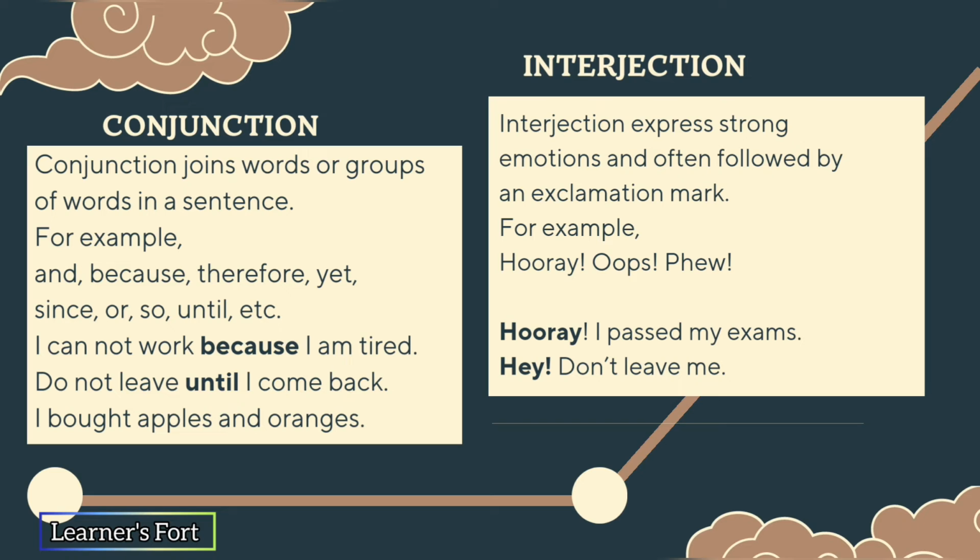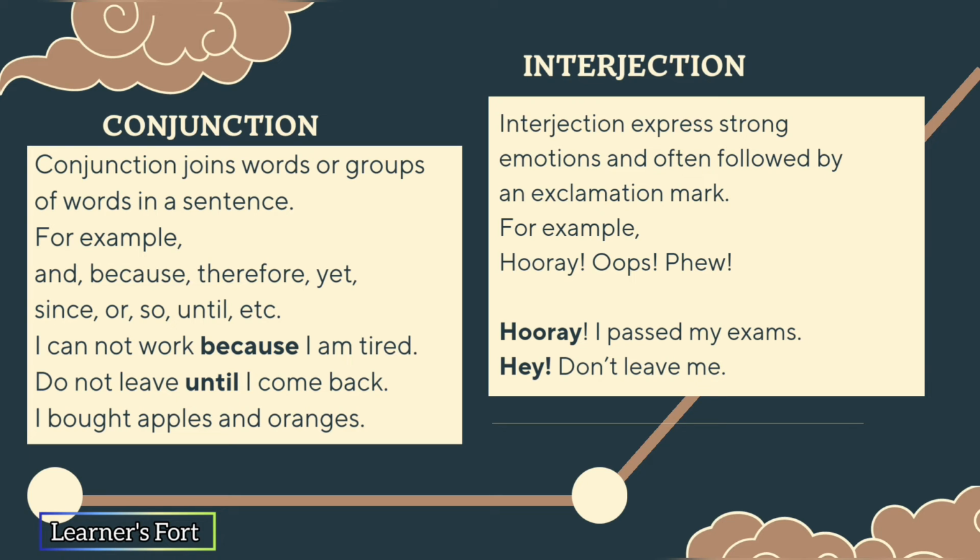The reason why the person is not working is that they're tired. To link them together, you're going to use the word because. Because is for the reasoning why the person cannot work, right? So we use a conjunction to link these two clauses together to create a sensible sentence with a proper meaning. So, I cannot work because I'm tired.